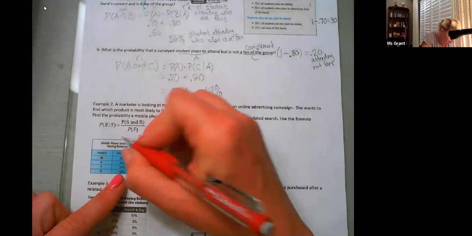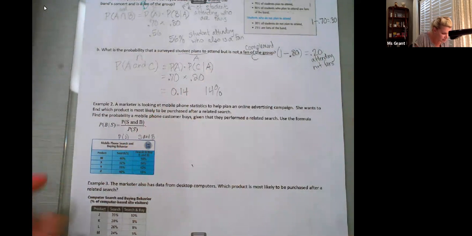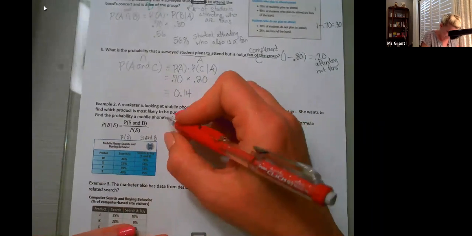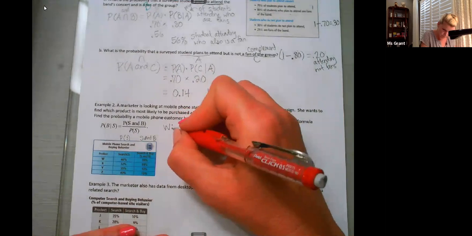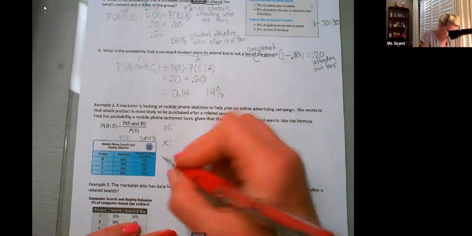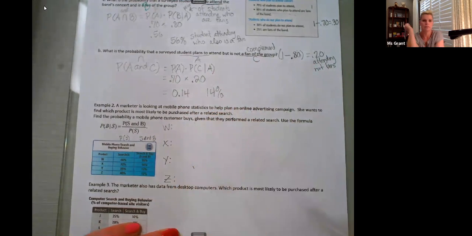And this is just searching. So I'm going to use these percentages for finding product W, X, Y, and Z. This is way easier than you think, you guys.